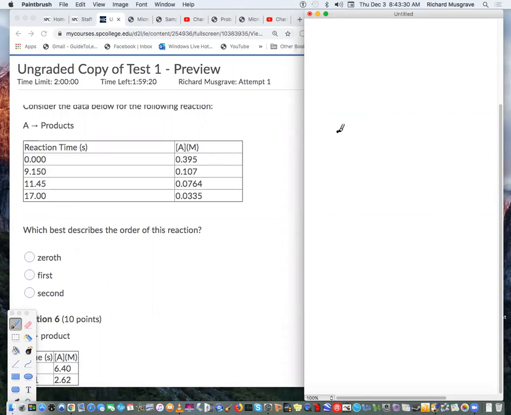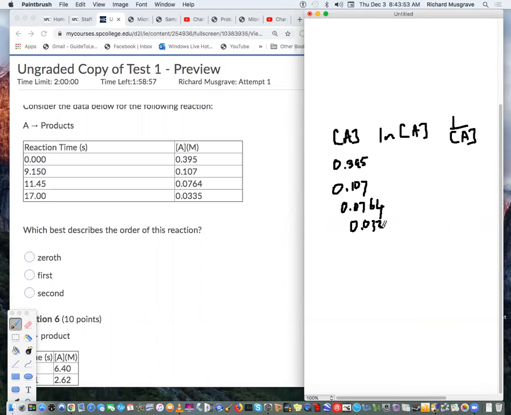So what you would need to do if you've got A, then you would need a natural log of A, and you need 1 over A. And you find the natural log and 1 over.